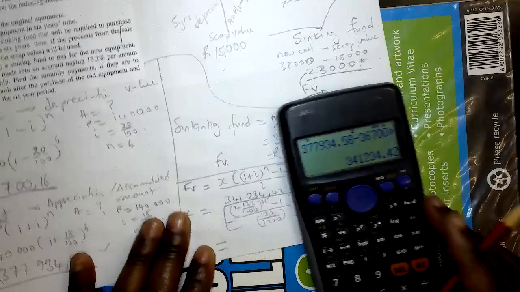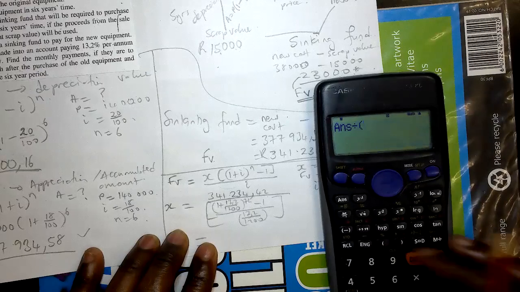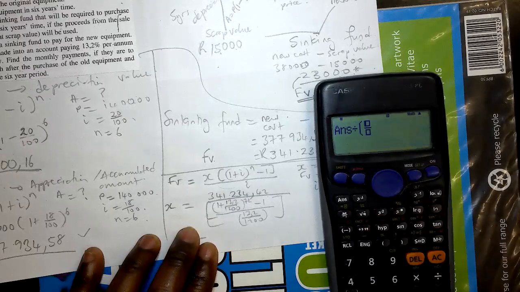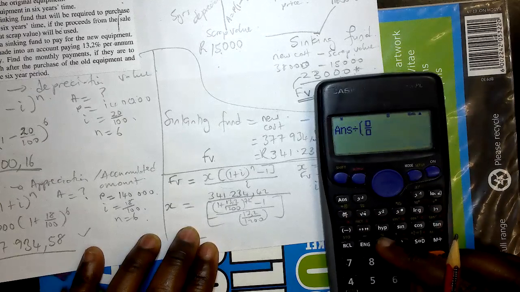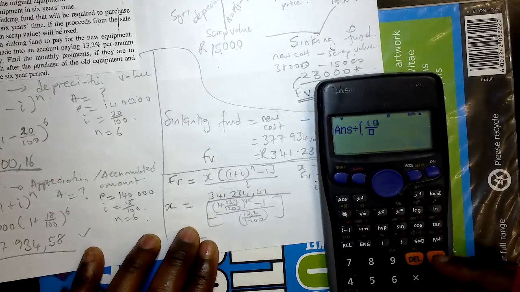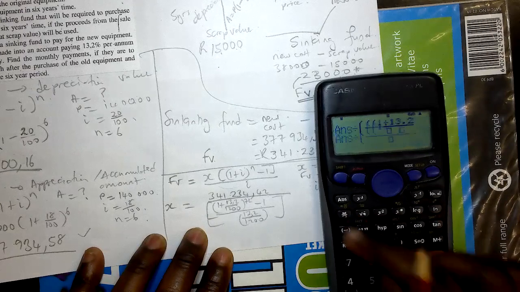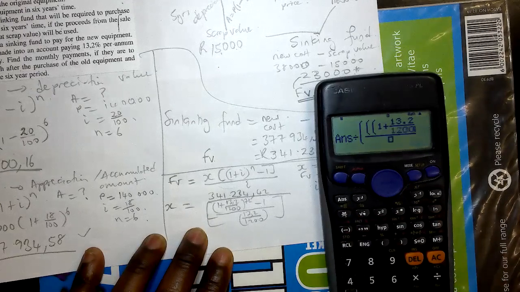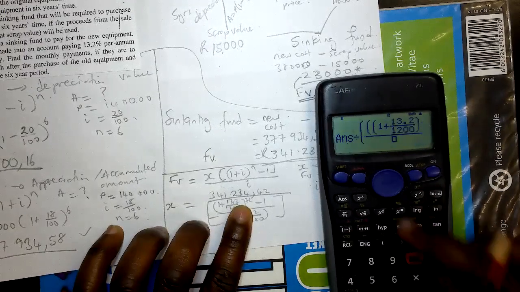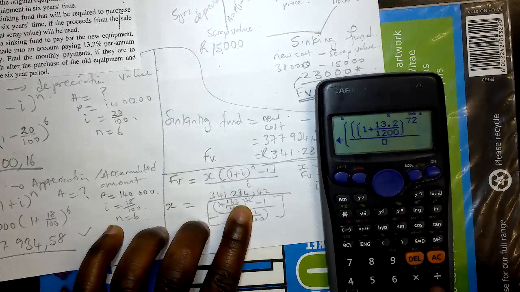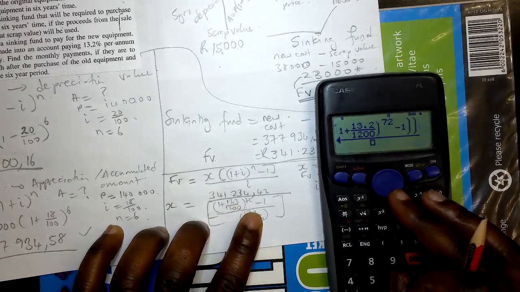Let's punch that in our calculator. Let's have that amount divided by, put that in bracket, 1 plus 13.2 over 1200 since it's monthly, to the power of 72, minus 1. Okay, let's close that. Then what do we have here?